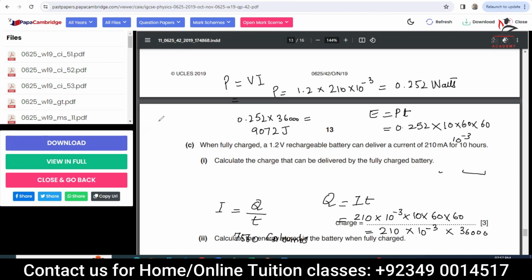Now, guys, I am giving you some formulas for electricity. Please go through them. Power formula is equal to VI. Another formula is I square R. Another formula is V square upon R. Another formula is E is equal to PT.